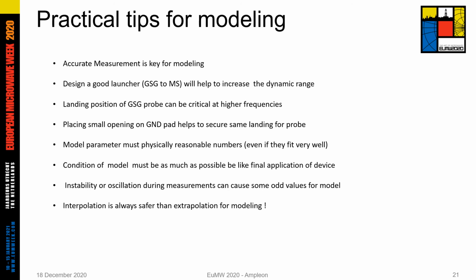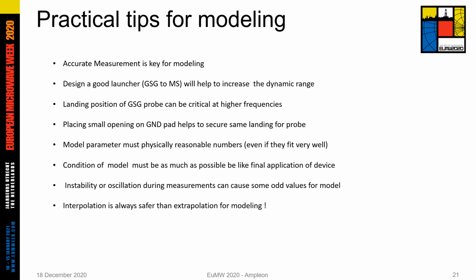Launcher means the GSG structure or coplanar to microstrip transition, and if it's designed well, it can increase your dynamic range. The landing position of the GSG probe can be critical at higher frequency, especially over 100 gigahertz. This can lead to some phase and amplitude difference in the measurements. Placing a small opening on the ground of the GSG can secure the same landing for the probe.